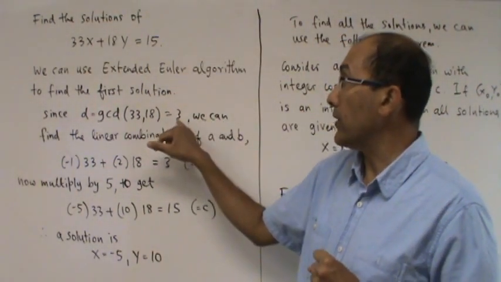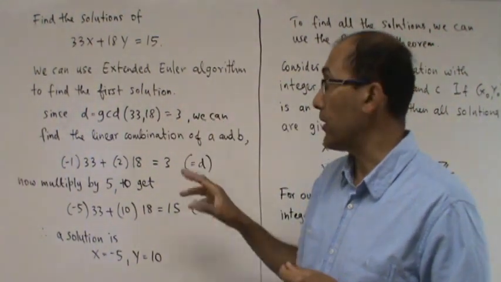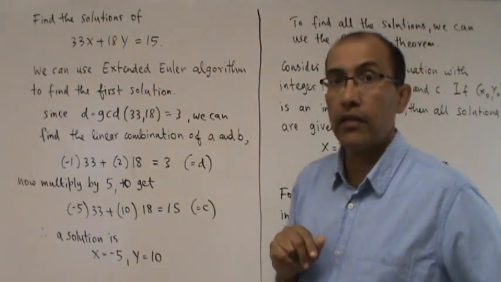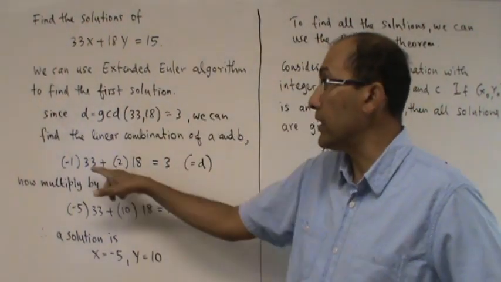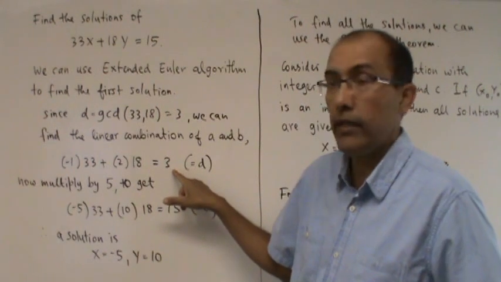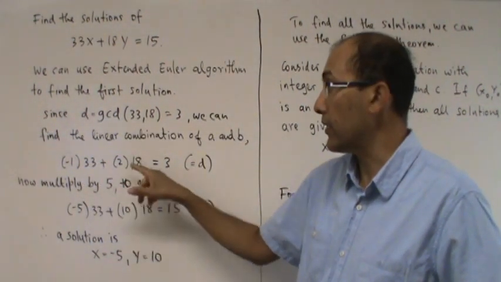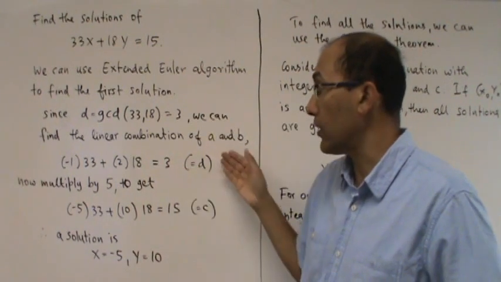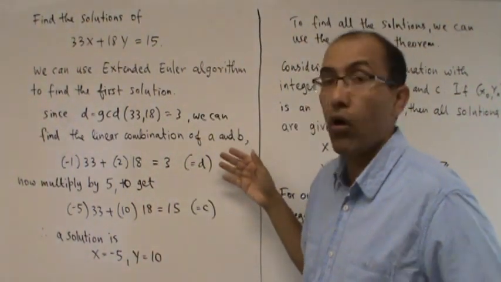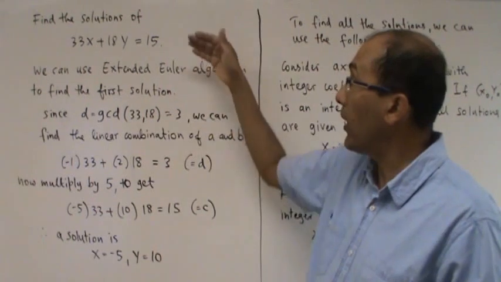So since our greatest common divisor is 3, I can use the extended Euclidean algorithm and find the linear combination that works for 3. So you will see that if you do it, negative 1 times 33 plus 2 times 18 is equal to 3.